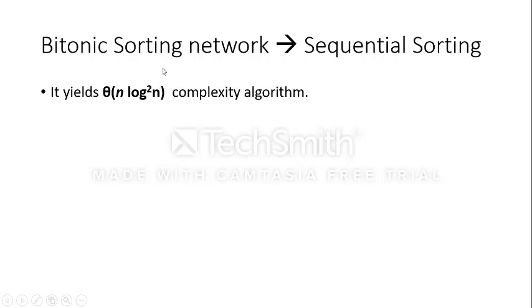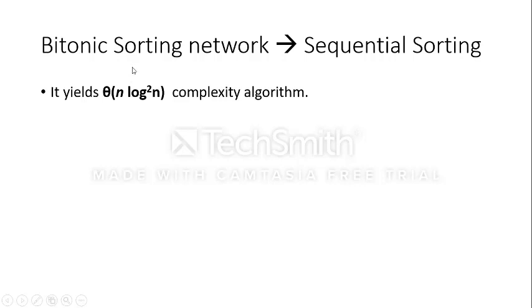But if I implement the same algorithm in a sequential sorting methodology, it will not give a better result than heap sort and merge sort; it will give a poor result, with complexity theta of n log square n. So if we expect the same efficient complexity from the sequential implementation, it will not be achieved.